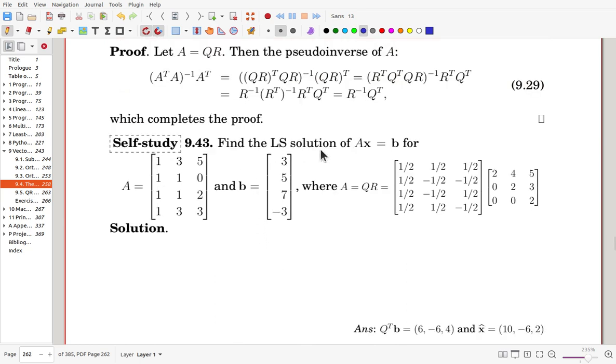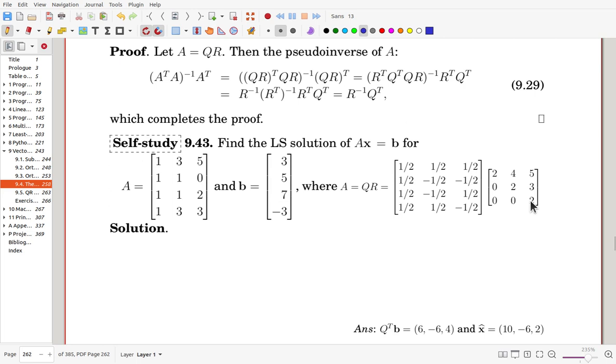For this problem, we try to get the least squares solution of Ax equals b. Now A is given here, b is given here. We can easily see that the columns of A are linearly independent, so we can get a QR factorization with a positive diagonal.